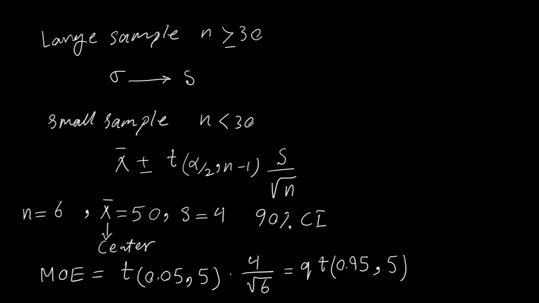In this way, you can find t of 5% and 5 degrees of freedom. Then multiply by 4 over square root of 6. And now you can find the margin of error in this case.